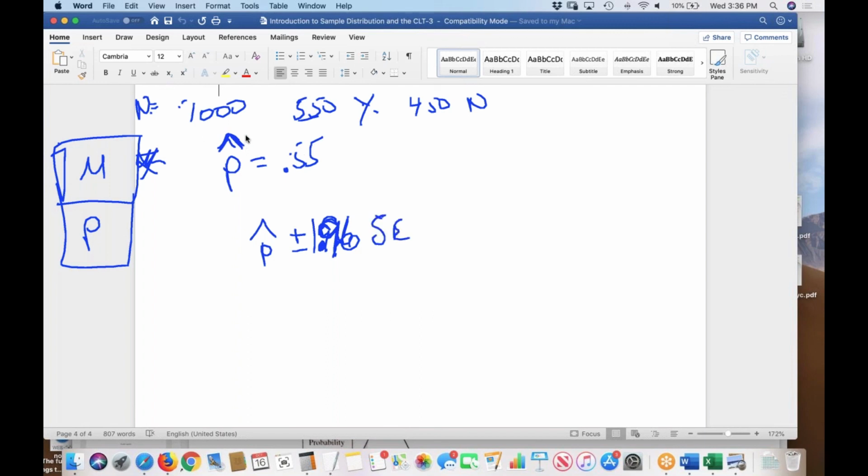Standard error for a sample that's a proportion. I'm not going to give you a mathematical background or a theorem on this, but I'm just going to tell you that the standard error when you have a proportion is equal to the square root of the probability of the population times 1 minus the probability for the population, over the sample size. Now, we don't know the probability, we don't know P, we only know P cap.